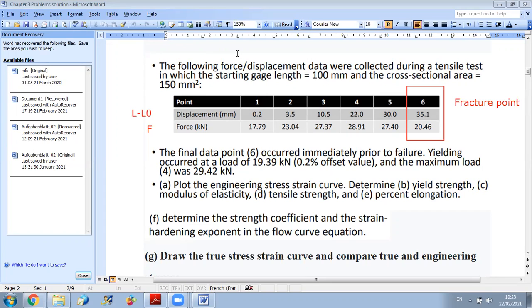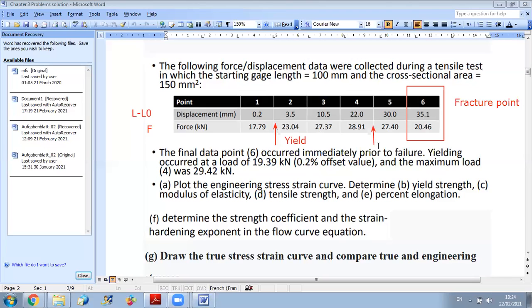So the yield is somewhere between points 1 and 2. This is the yield point. We have that the maximum load is 29.42 kilonewton. So it should be somewhere here. Here is the maximum, and then the value of force will start to decrease.